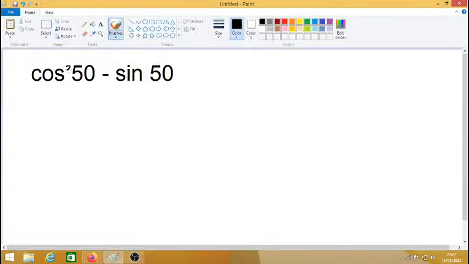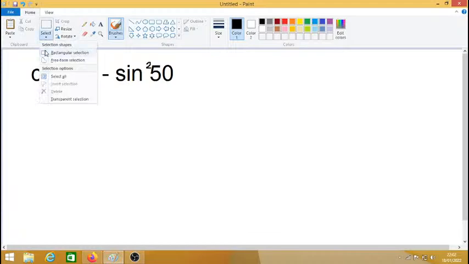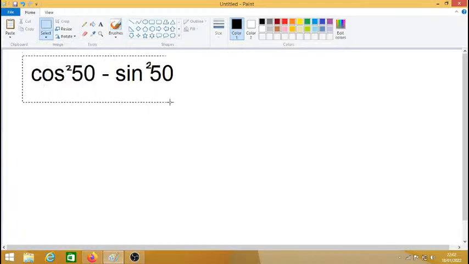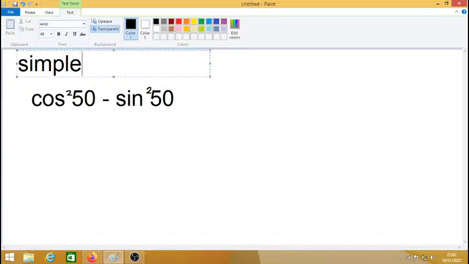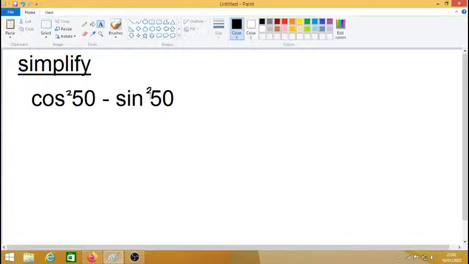The first question here is to try and simplify cos squared 50 minus sine squared 50. So you've got to think through all your trig identities that you've been learning and try and think of one which is going to help you simplify this.